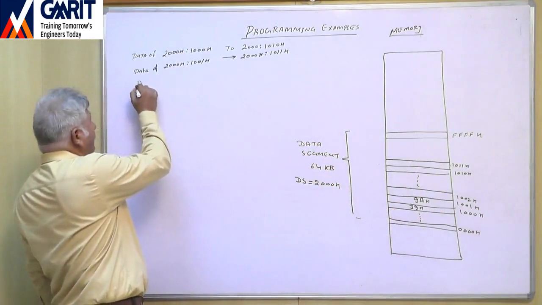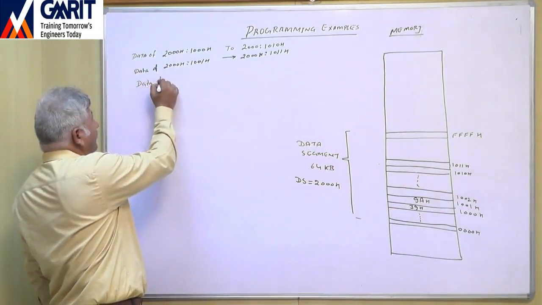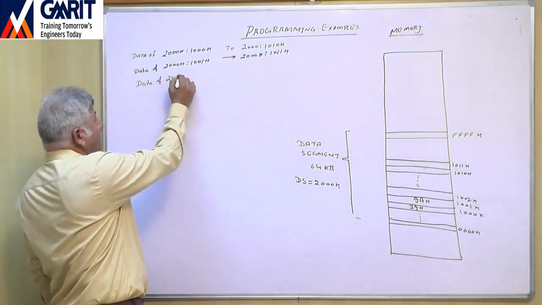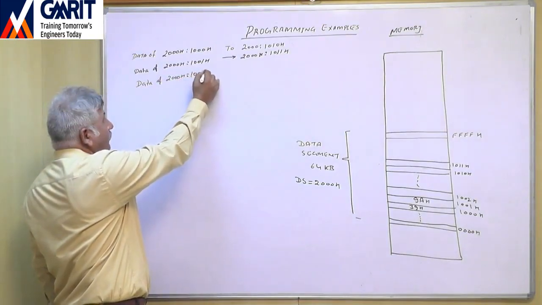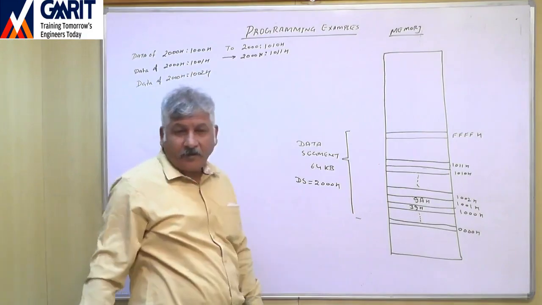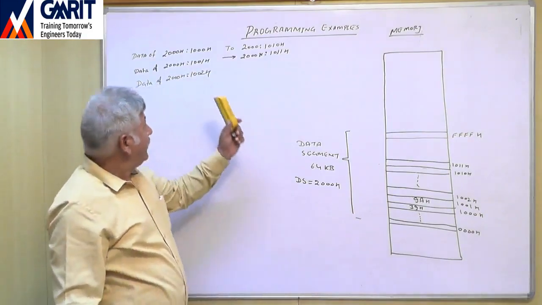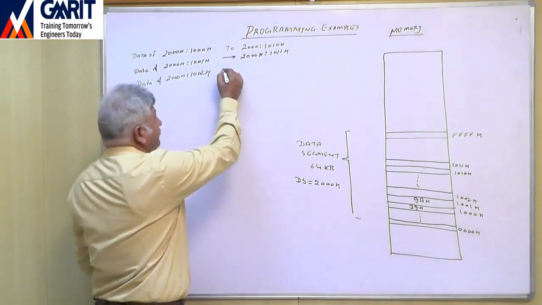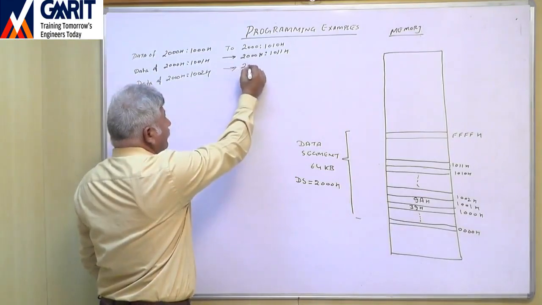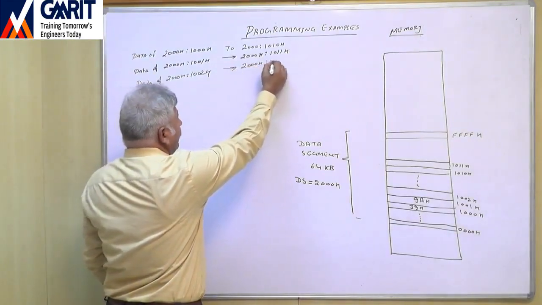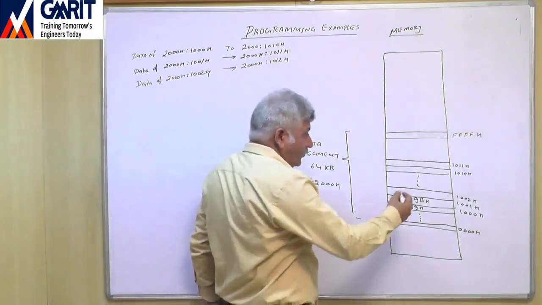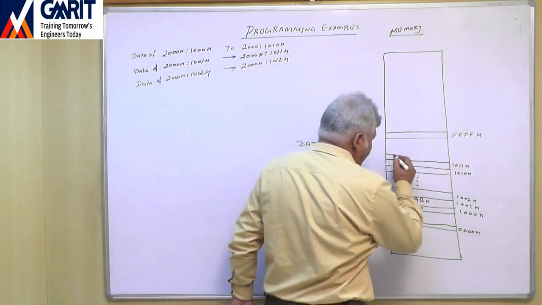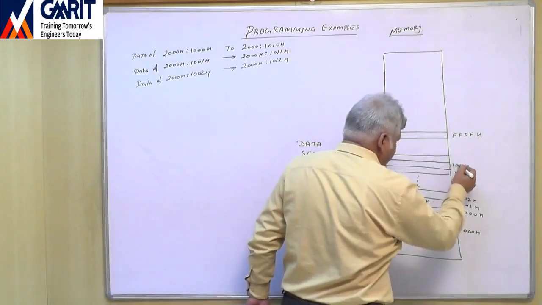Now our third data is at address 2000H:1002H. The data at this offset will be moved to 2000H:1012H. 1012H will be the offset address next to 1011.